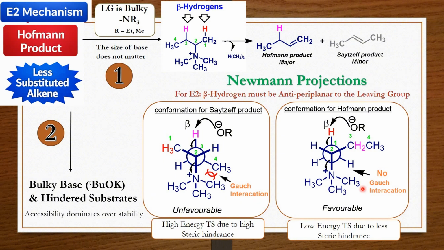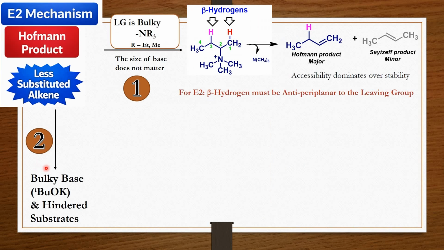Okay, now I hope it is clear to you. Now let's move to condition number 2. Let's take an example. This is 2-bromo-3-methylbutane and it is reacting with tertiary butoxide. This is potassium tertiary butoxide.